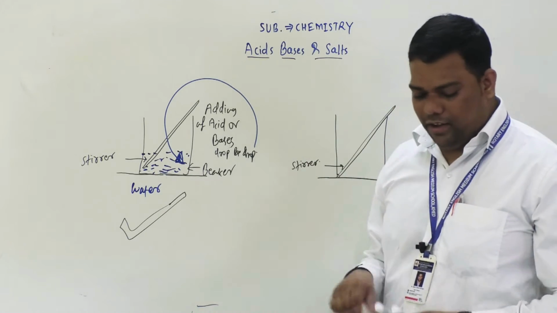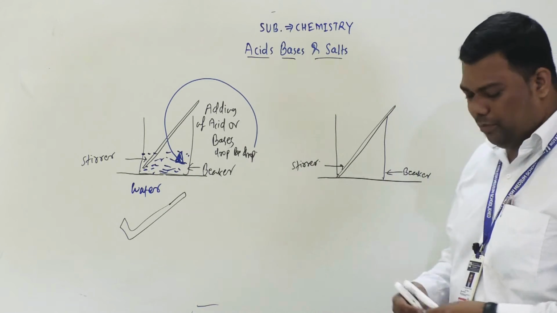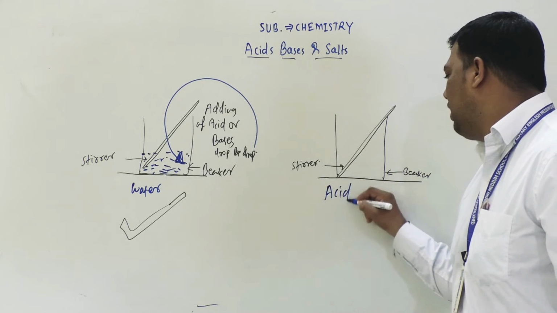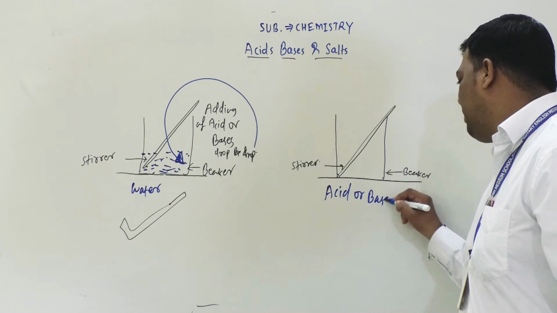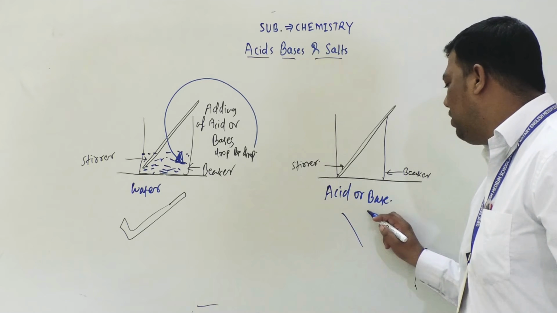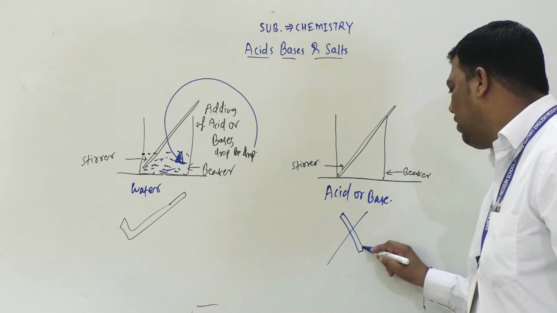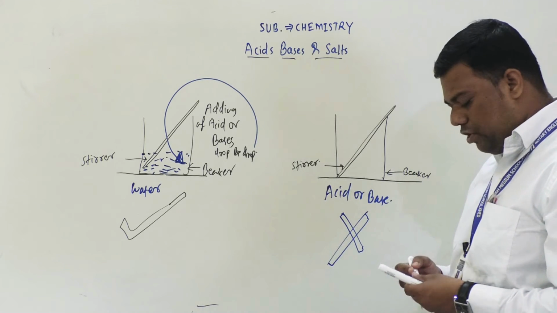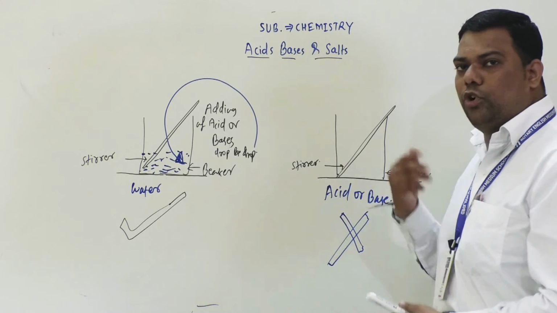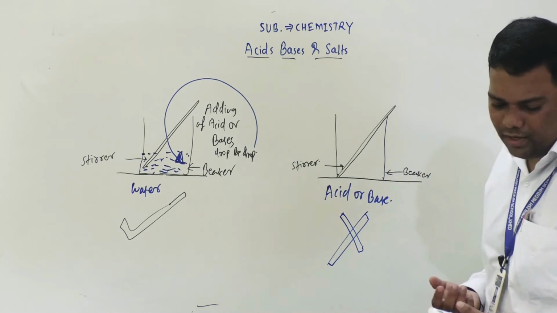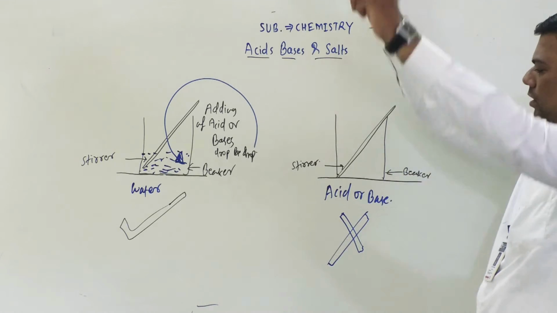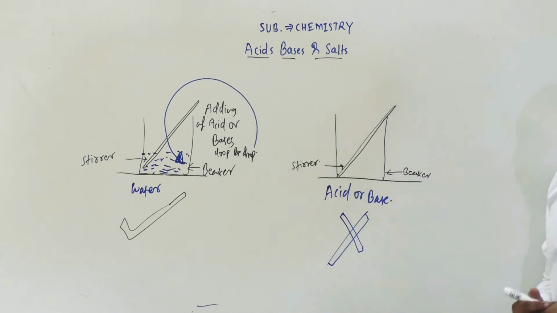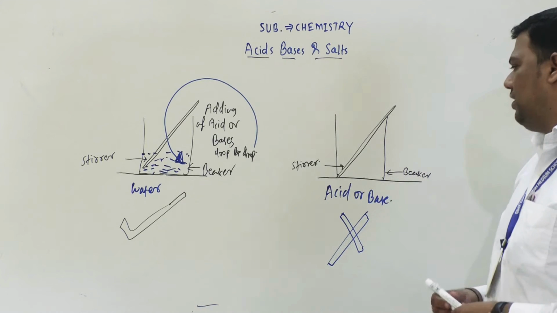And if you have acid or bases in another beaker and add water to it, this is totally wrong, because it gives some explosion. That's why keep in mind that water is never mixed into acid or bases.